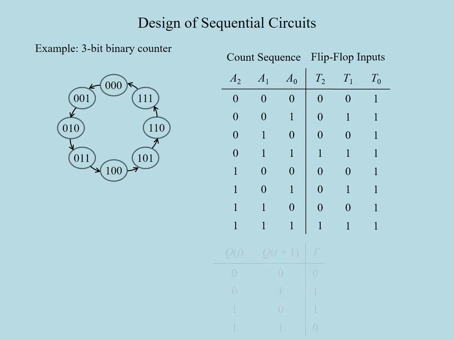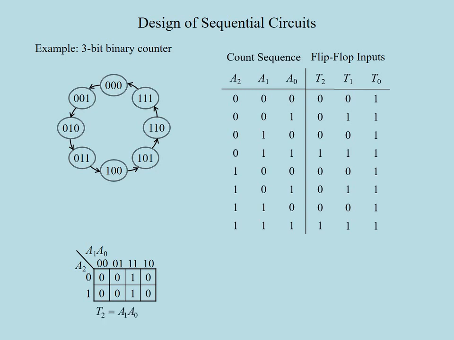We can easily simplify these flip-flop inputs. T2 is a function of two minterms of A2, A1, and A0, and is obtained as A1 A0. T1 hardly needs a Karnaugh map, since we can directly see from the truth table that it is equal to A0. And finally, T0 is 1.